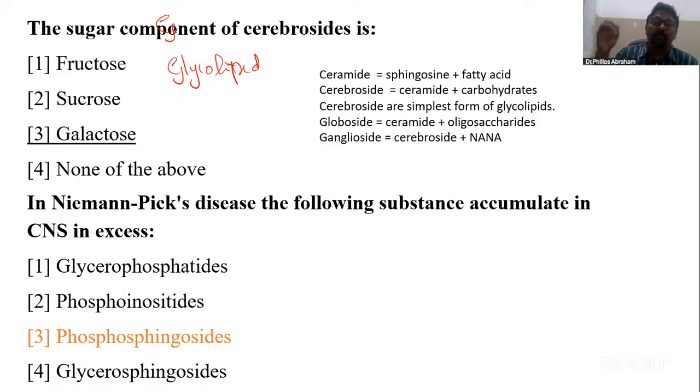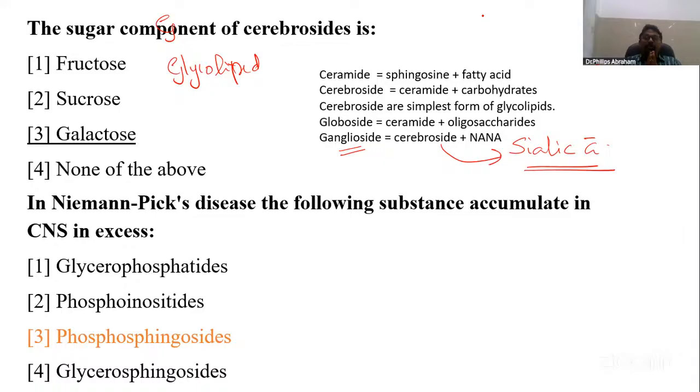If there are more sugars, we call it globoside. If there is only one sugar, cerebroside; more than one sugar, an oligosaccharide, then we use the word globoside. And what is ganglioside? Cerebroside attached to N-acetylneuraminic acid, or the simpler word, sialic acid. Cerebroside plus sialic acid is called ganglioside. So I used the words ceramide, cerebroside, globoside, ganglioside.